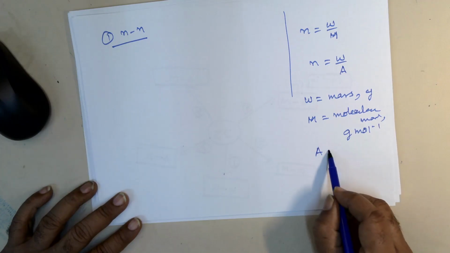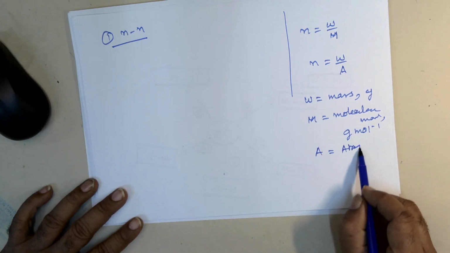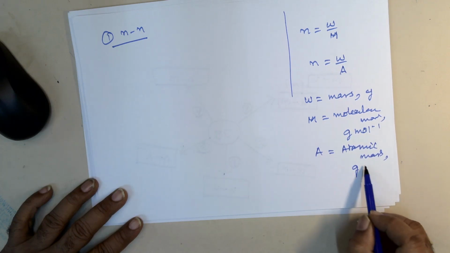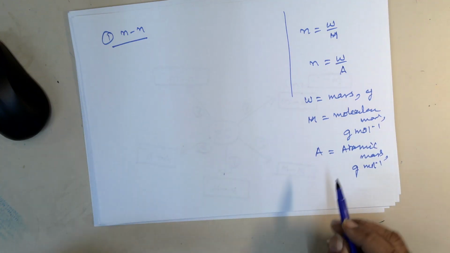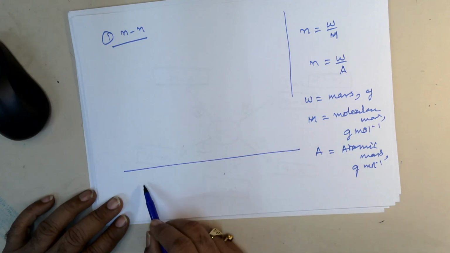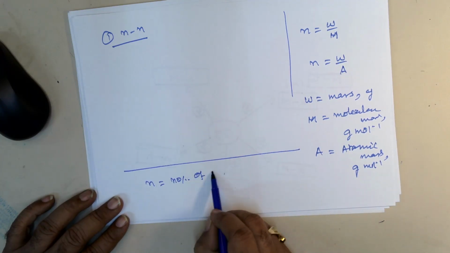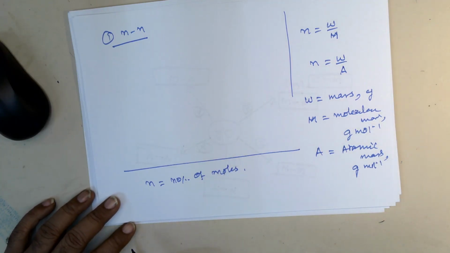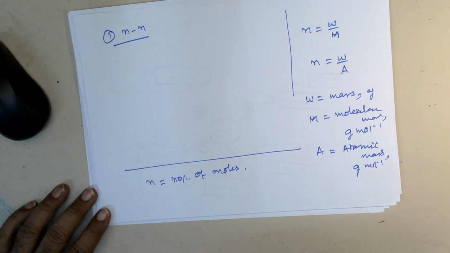And what is the atomic mass? A. That is atomic mass, and that is also given in gram per mole of atoms. Okay, so gram per mole. And similarly, N represents the number of moles. Take down, number of moles. Got it? In fact, you can count the number of molecules also.